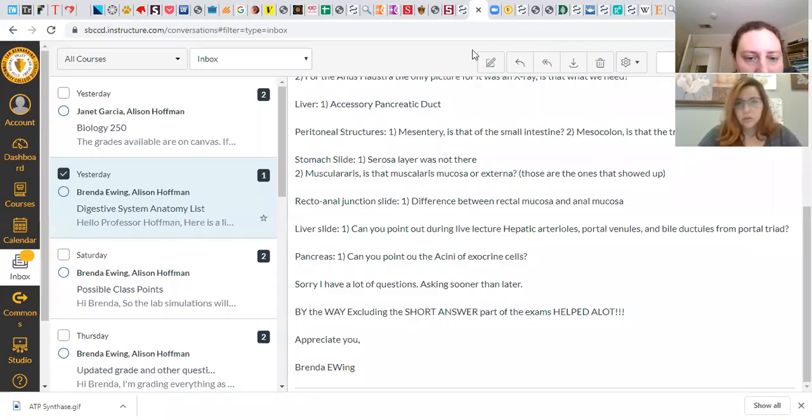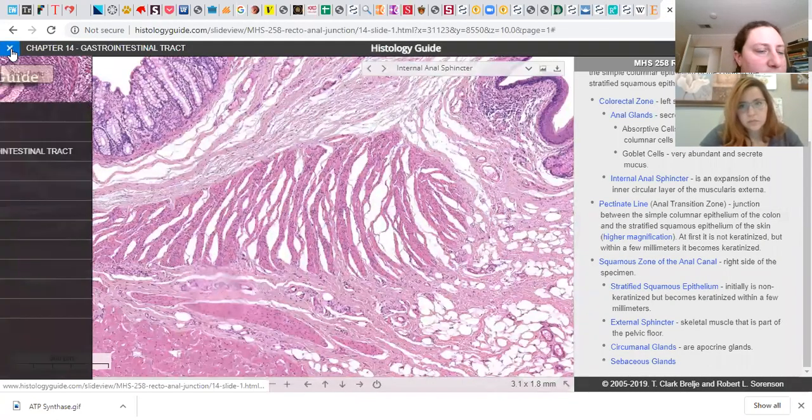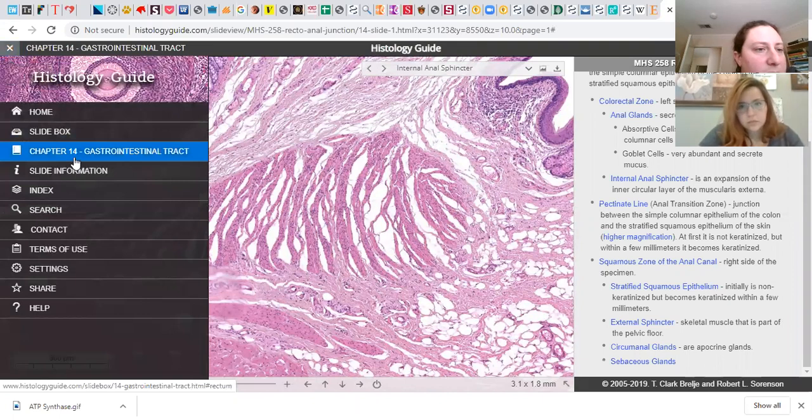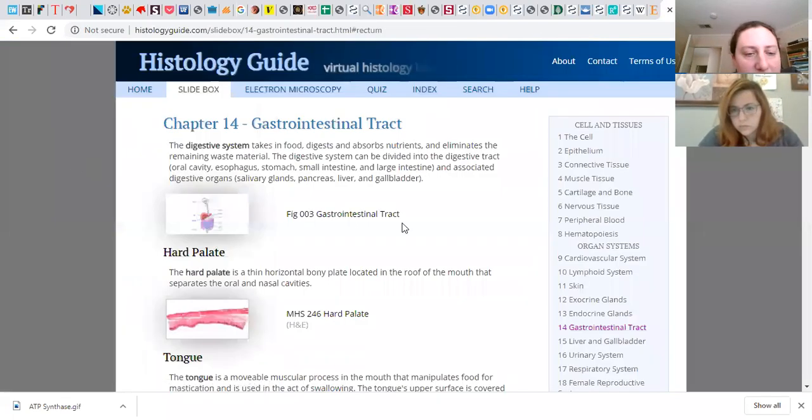Okay, so then the stomach slide. For the stomach slide, I found that most of these slides honestly did not have serosa present. So even though it would be ideal to have all 4 layers, they don't.